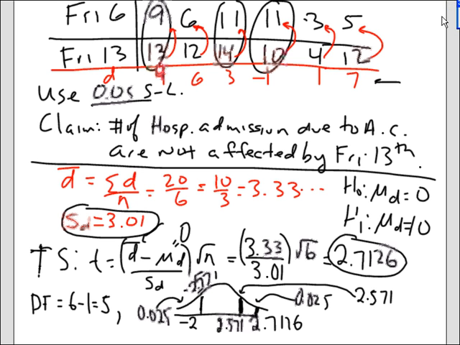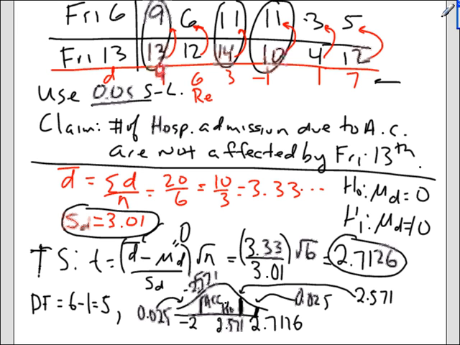So we are going to reject H0. I'm going to put this right here in red.